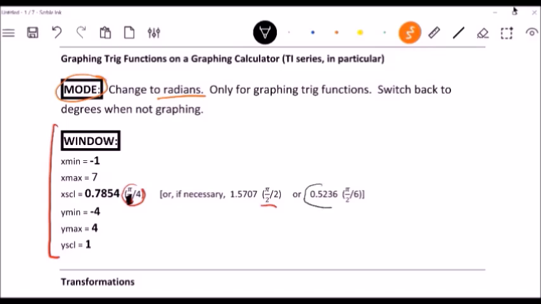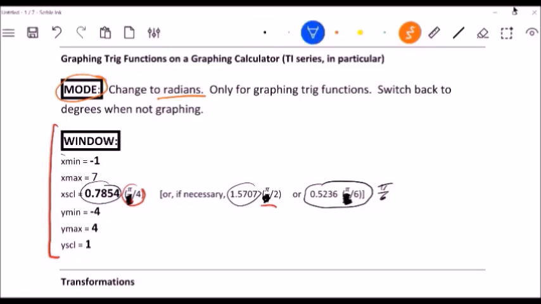There are a couple of problems where it'll be better to do with pi over 6. So pi over 6 or pi over 4, and these are the actual approximate decimal numbers for those. If you put them in as pi over 4, pi over 2, or pi over 6, it'll be more precise, but this is good enough.